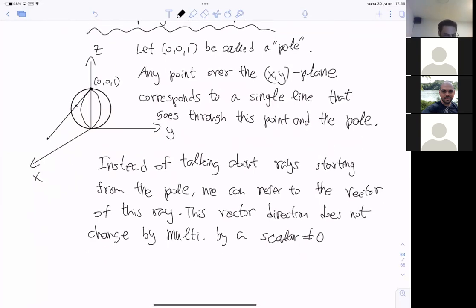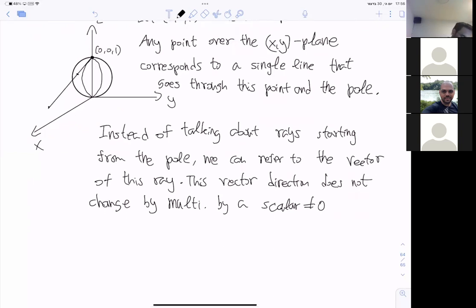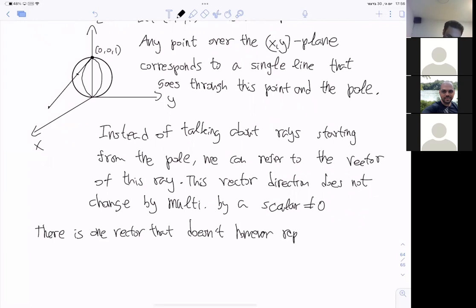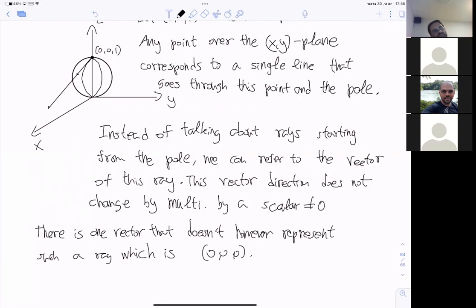But there is one vector that does not, however, represent such a ray, which is 0, 0, 0. I mean, 0, 0, 0 has no direction.